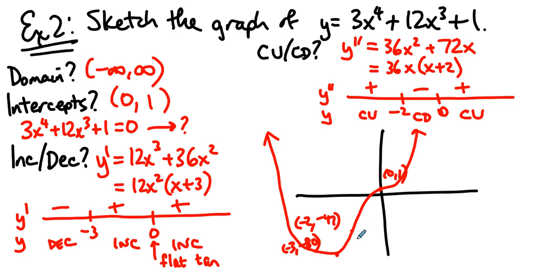Concave up until -2, holding water until -2. Concave down between -2 and 0, spilling water between -2 and 0. And then concave up again after. So it comes down, flattens out there, goes up, and then up again. That's the function.